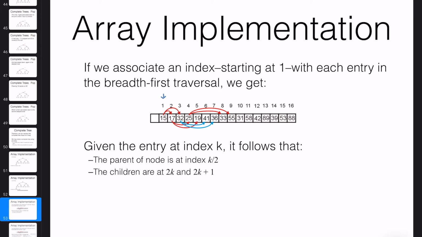You can start storing at index 0, but there is not much difference between storing at 0 or 1. The only difference is that the formulas are going to be different, these formulas that I'm going to discuss. And it actually makes it easier if you store from index 1.